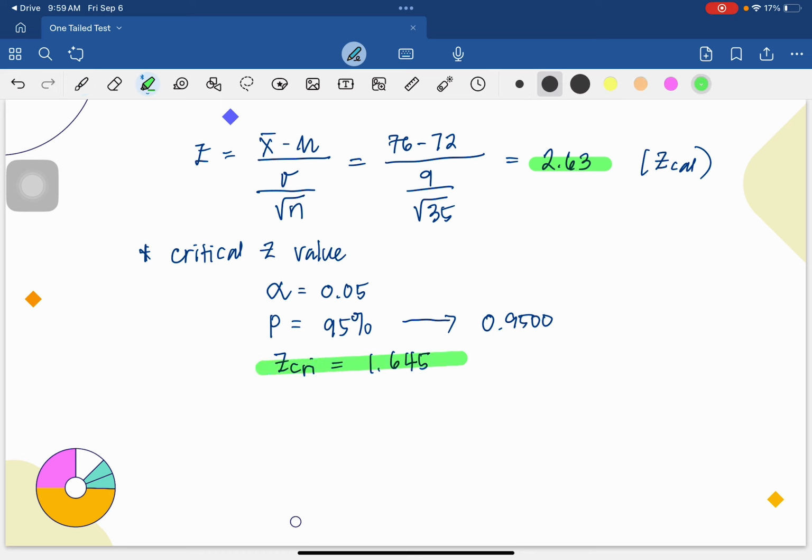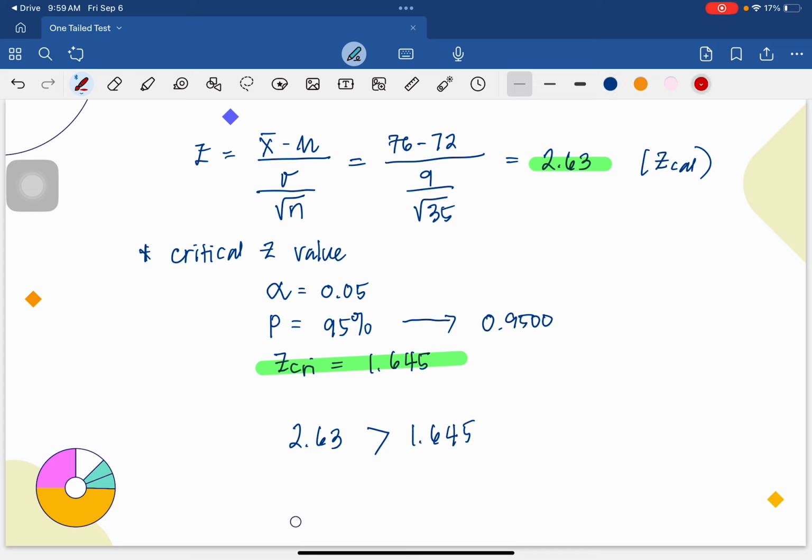Now you already have z cal and z critical. Therefore, the last step will be to compare the two. In this case, we say that 2.63 is greater than 1.645.